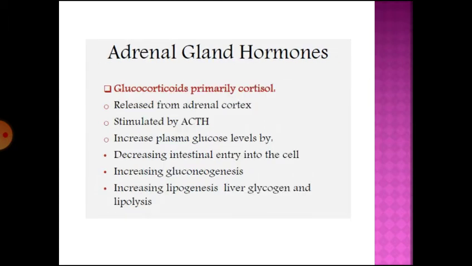The adrenal gland also produces glucocorticoids, primarily cortisol, released from the adrenal cortex and stimulated by ACTH, adrenocorticotrophic hormone. It increases plasma glucose level by decreasing glucose entry into the cell, increasing glycogenolysis, and increasing lipolysis.